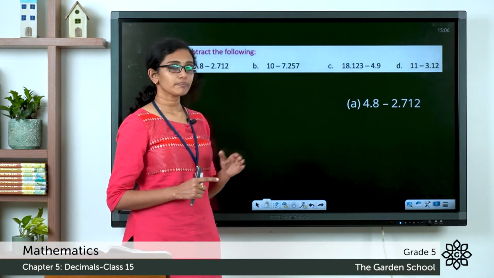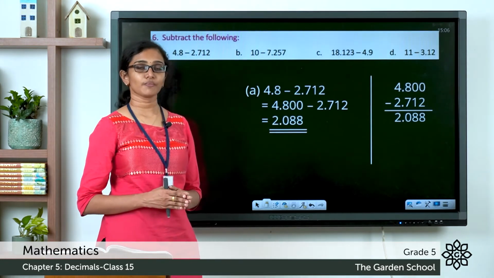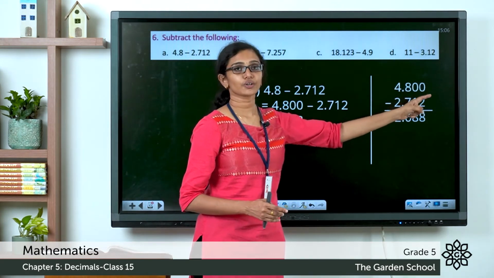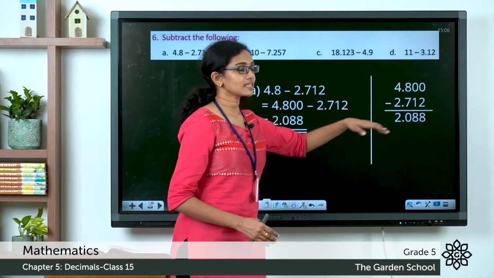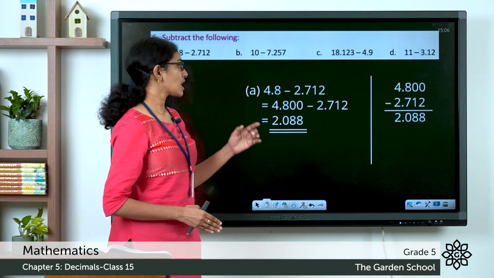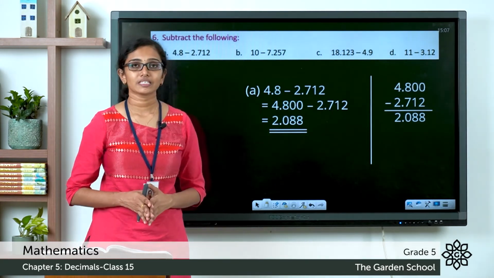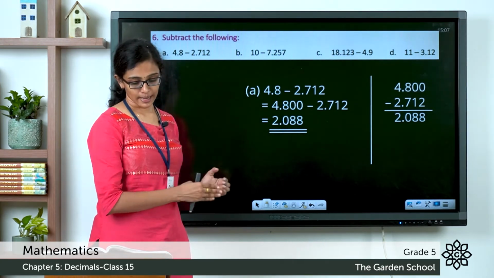So let's make them like decimals by adding enough zeros to the right of the decimal point. So that 4.8 becomes 4.800 and 2.712 is written as such. Now let's proceed with the subtraction, and after the subtraction we get the difference as 2.088. This is the answer to the first question. You can proceed with the calculation of other questions in the same way.